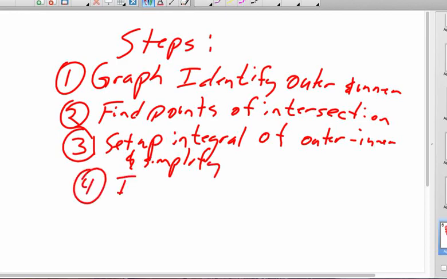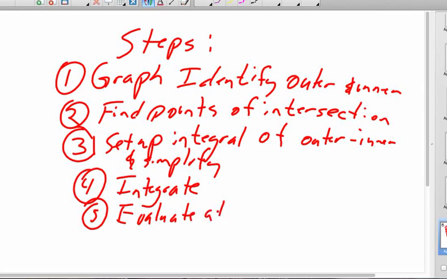Then you integrate. Evaluate at the endpoints. And step 6 is slap the pi on the end. And you're done. Okay.